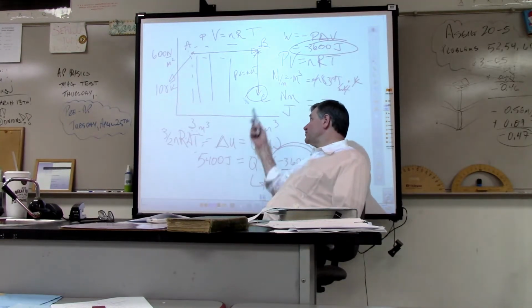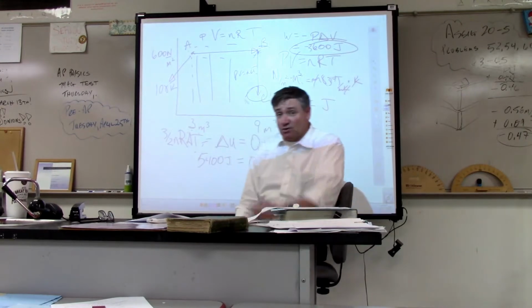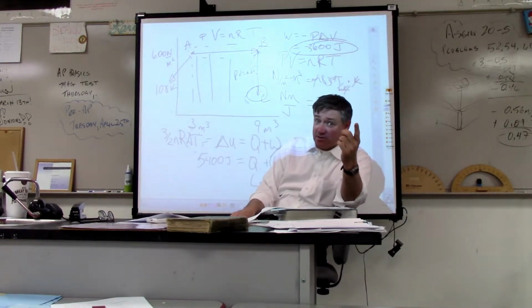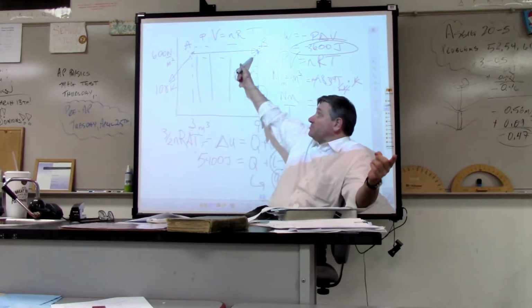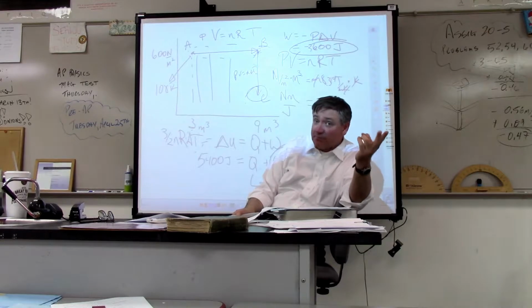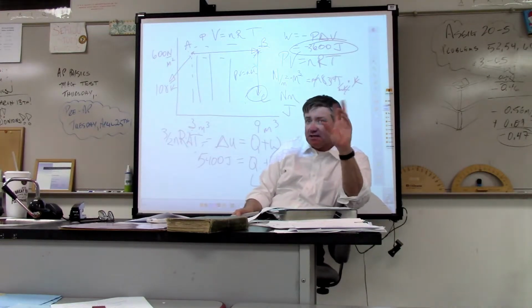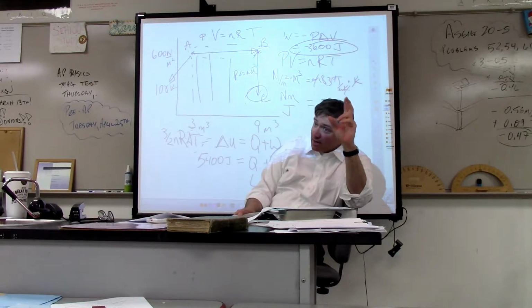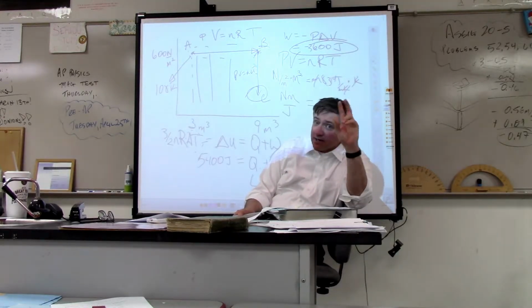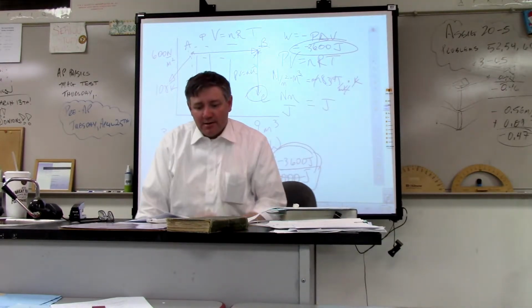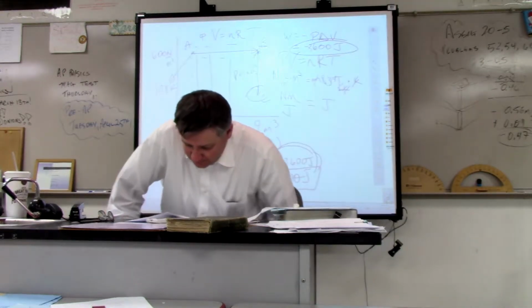Right? So to drop that pressure, I can do one of two things, or a combination. I could decrease the kinetic energy of the particles, which would be reflected by dropping the temperature, or I could decrease the number of collisions. As these things slow down, I'm probably doing both. They're not going to have as much kinetic energy, and I'm not going to have as many collisions. Okay, so we got that one.